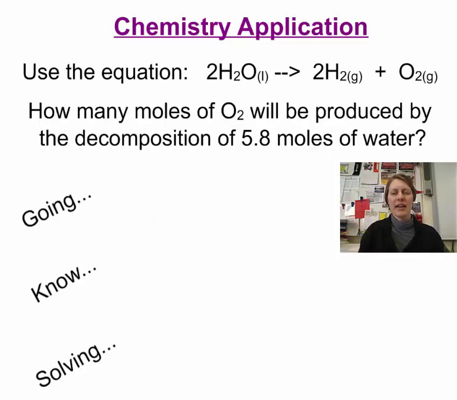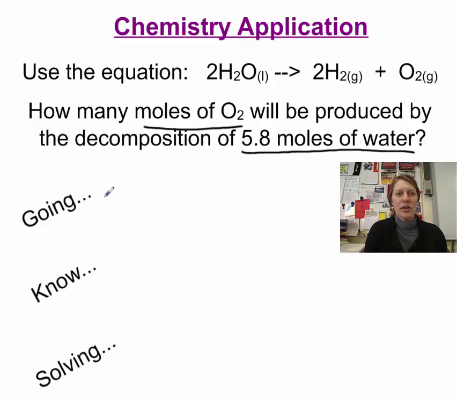So let's just apply that mole ratio concept here so you can see how it's used. If we have this same example, the balanced equation of going from water to hydrogen and oxygen, it says how many moles of oxygen can be produced by the decomposition of 5.8 moles of water.